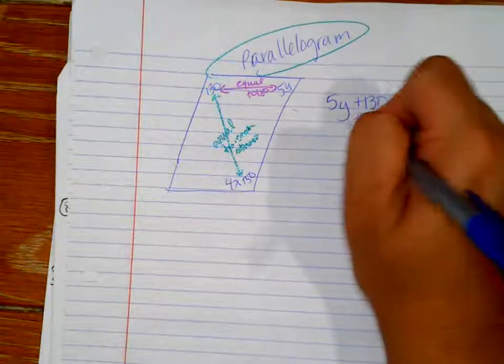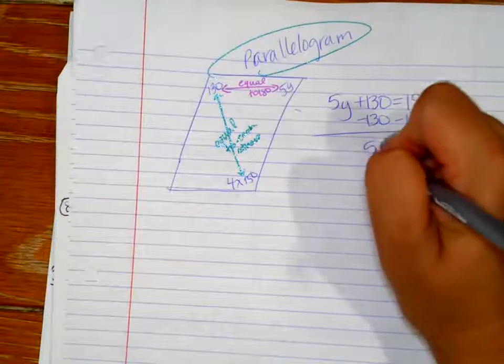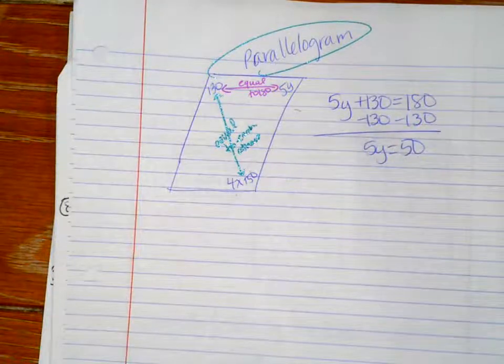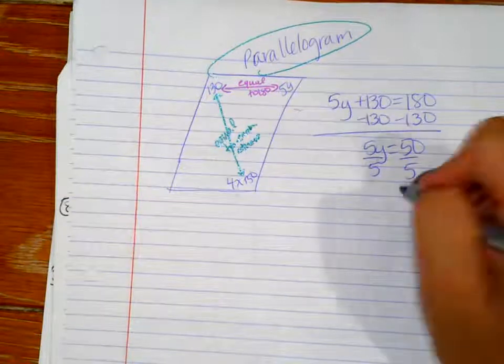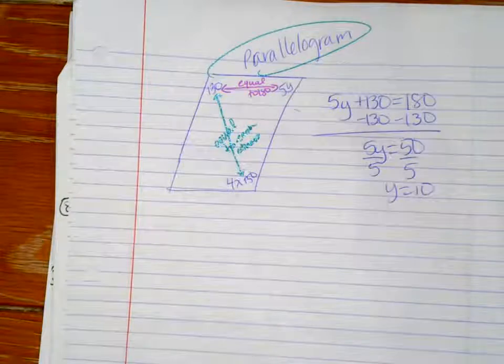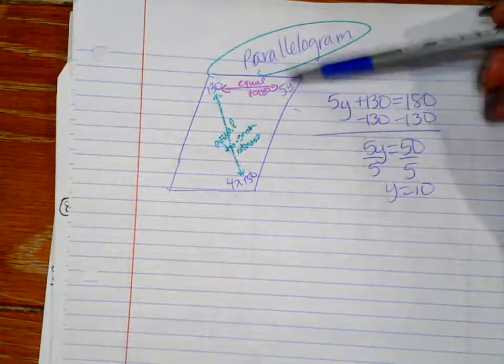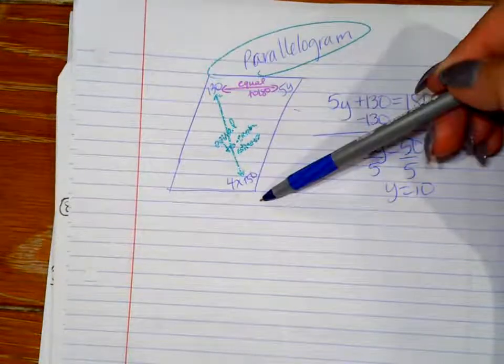I'm going to subtract 130, and I'm going to get 5y equals 50. I'm going to divide both sides by 5, and y equals 10. All right, so I solved for y. I want to solve for x. I know these guys are equal to each other. They're across.